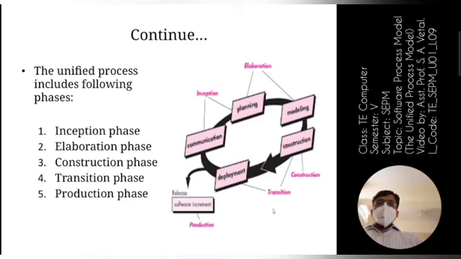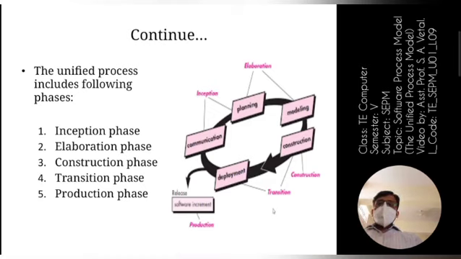The difference in the UP model is that we combine phases to form other phases. From communication and planning we create the inception phase. Then planning and modeling give us the elaboration phase. Construction is the same as above, a separate phase; it is the coding part of our software development process.